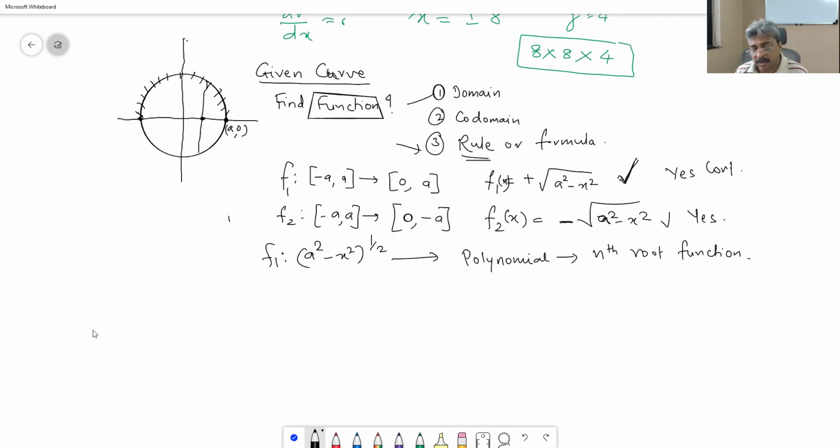What do you think about differentiability of this function? Continuity, yes. What about differentiability? Are they differentiable?